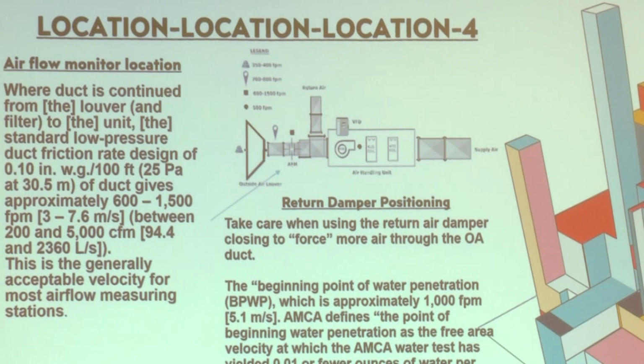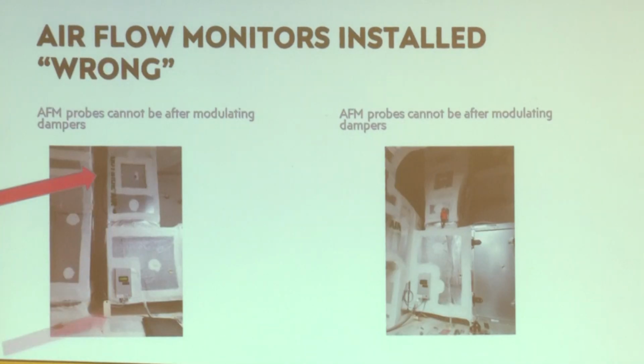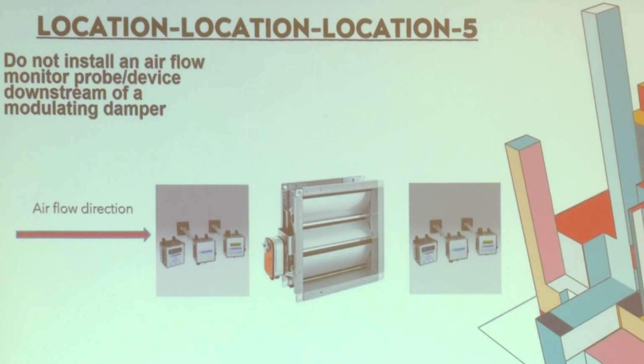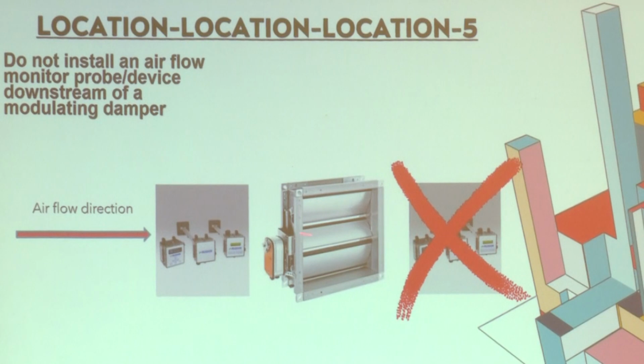We typically have problems with how the unit is cooling or heating because the velocity through those coils is much, much worse. So we have to make sure these airflow monitors are installed in the right place. Here is the airflow monitor, here's the outside air damper, here's the airflow monitor, here's the outside air damper. These are installed in the wrong place, because what you cannot do is put an airflow monitor after the damper. Why?